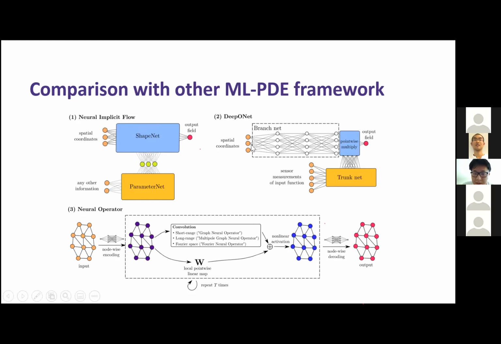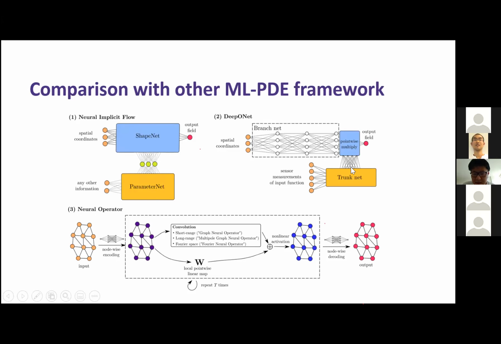Here, you can see there's some similarity between these frameworks, and some differences as well. DeepONet basically makes sure that the parameter net is only fitting the last layer of the shape net.